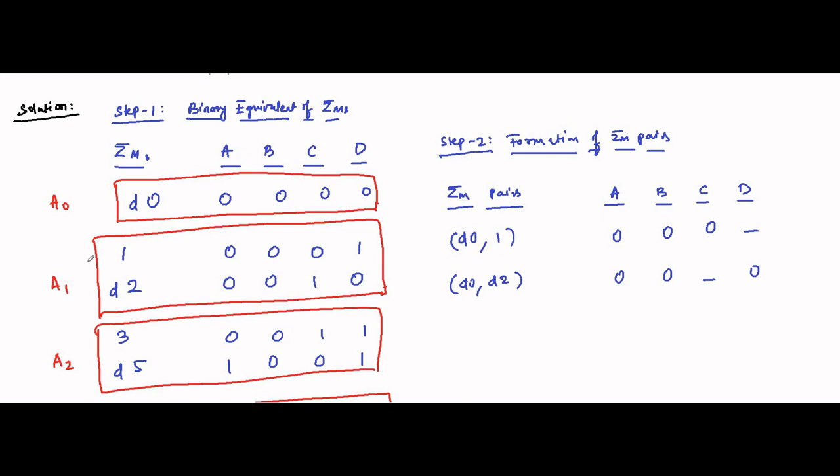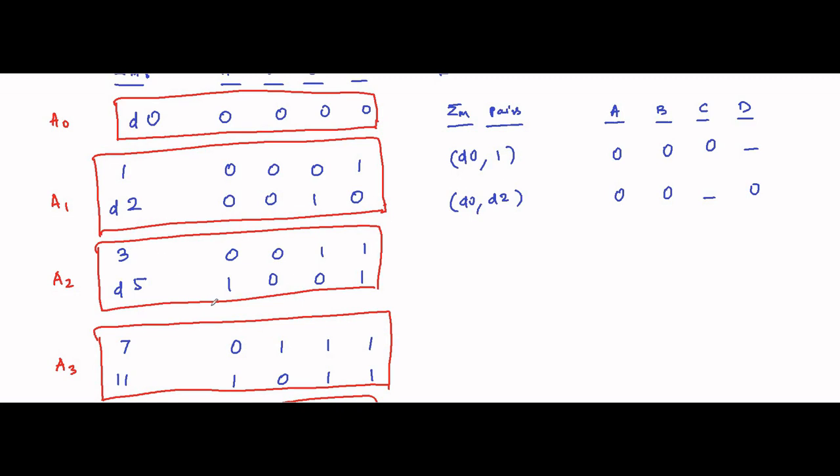Then between A1 and A2, the minterm pairs that exist are 1 3 with binary representation 0 0 dash 1, then 1 D5 with binary representation 0 dash 0 1, then D2 3, which is 0 0 1 dash.